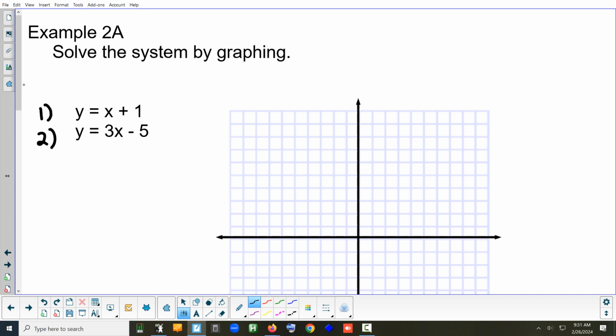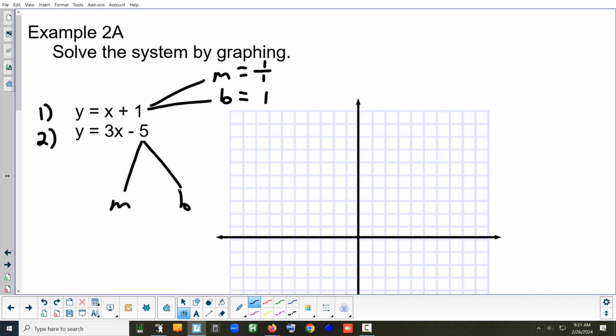All right, so let's start with this one. Let's write down the slope and the y-intercept. What's the slope of the first one? 1 over 1. Yep. And what's the y-intercept? 1. All right. Now let's do the m and the b here.